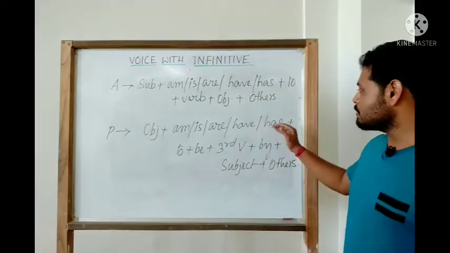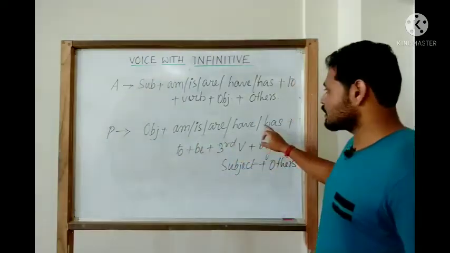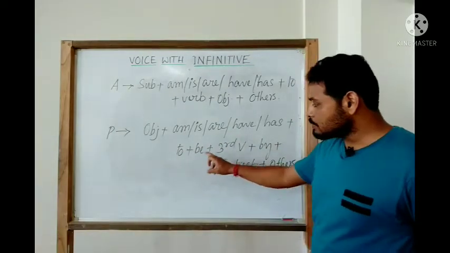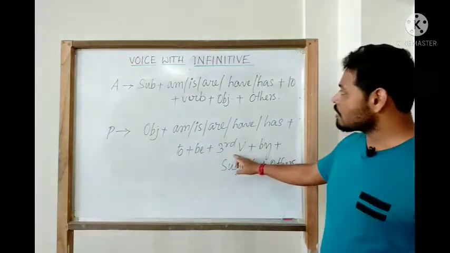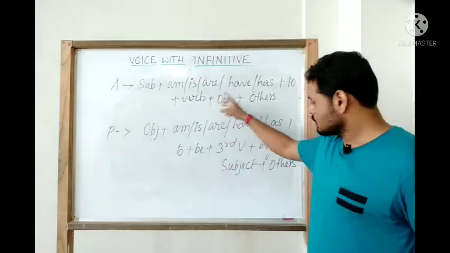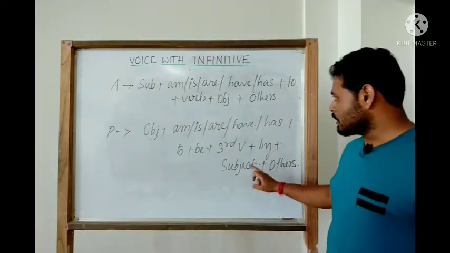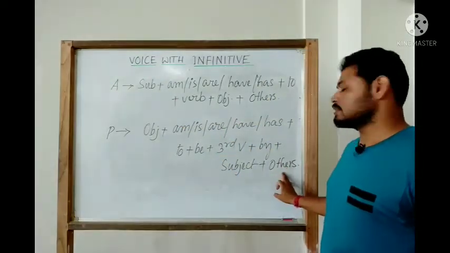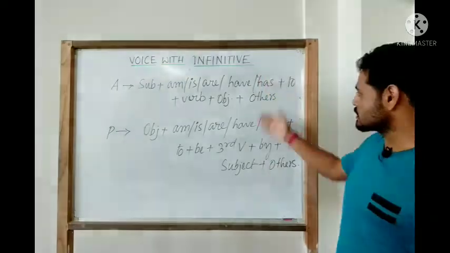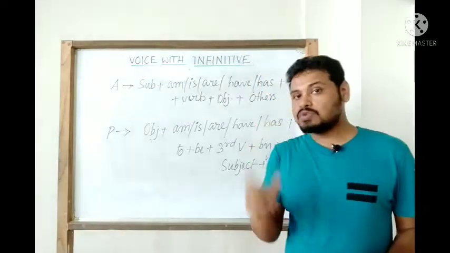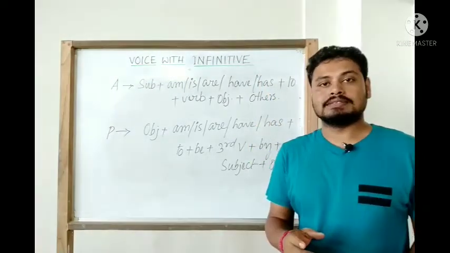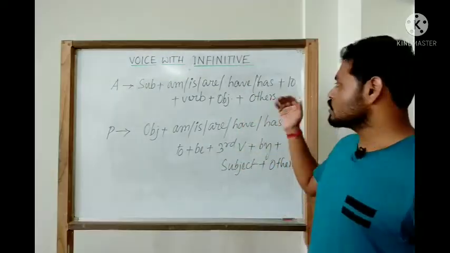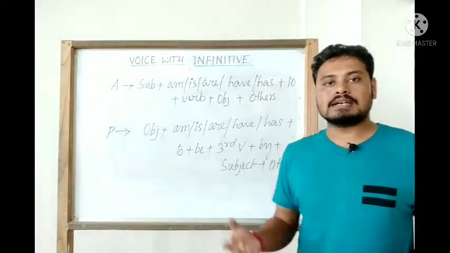Object, am, is, are, have, has as per the requirement of the object, then to, then be, then third form of this verb, then by, then subject, this subject we need to put here, then others. This is the structure. This you need to remember pretty clearly. So the active structure of sentences with infinitive is subject am, is, are, have, has, to, verb, object, others.